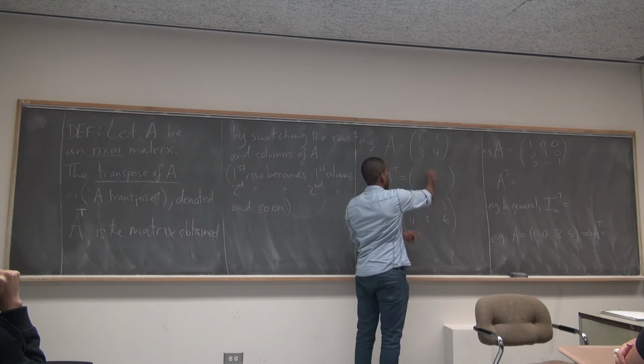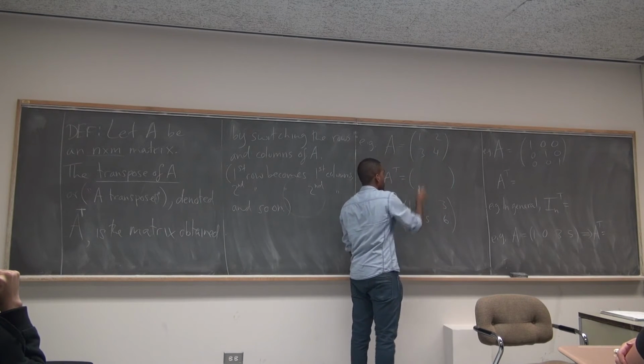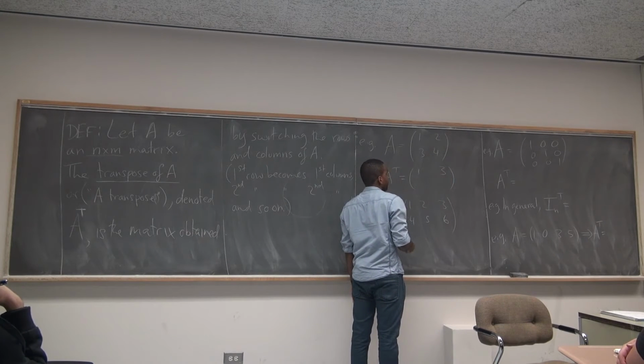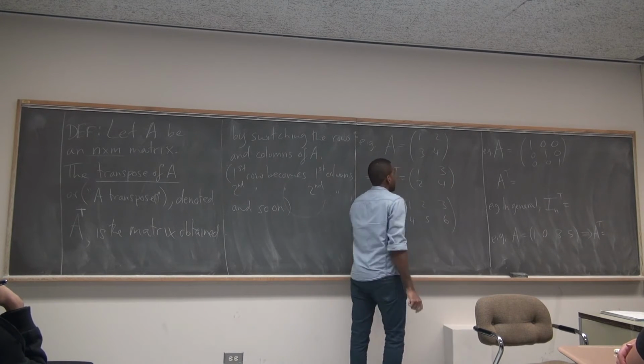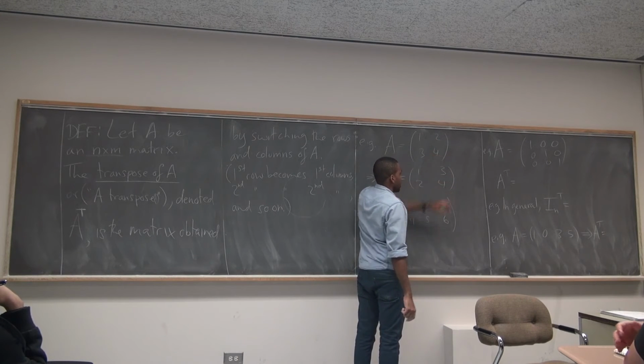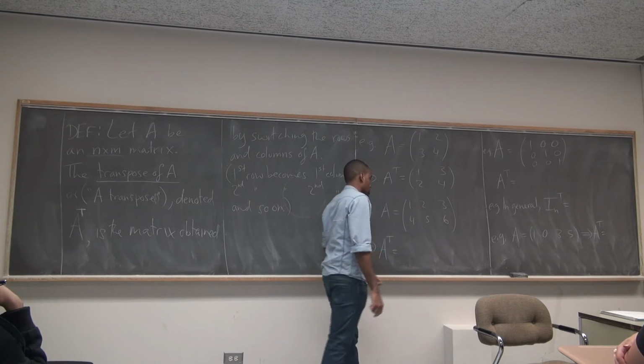Right, the first row becomes the first column, and so on and so forth. So my first row will be 1, 3, and my second row, 2, 4. Just that my first row becomes the first column, the second row becomes the second column, and vice versa. Just switching rows and columns.